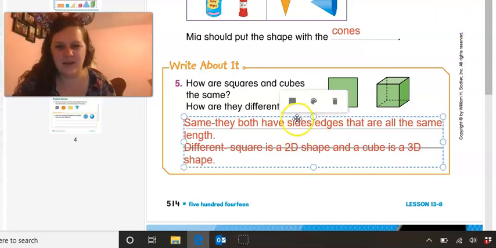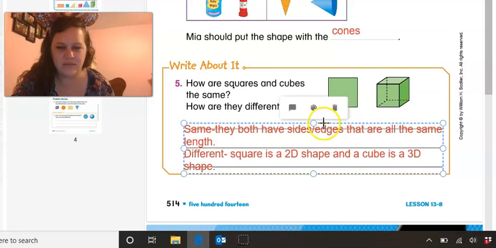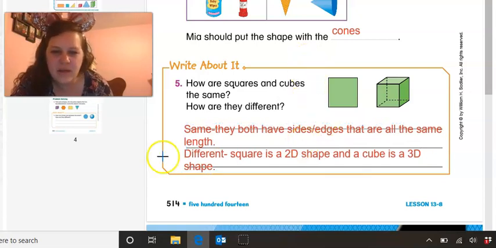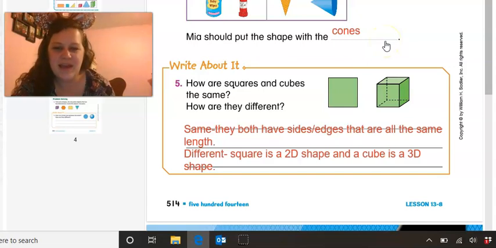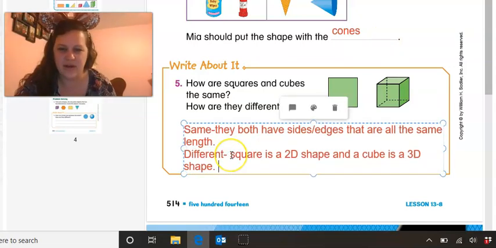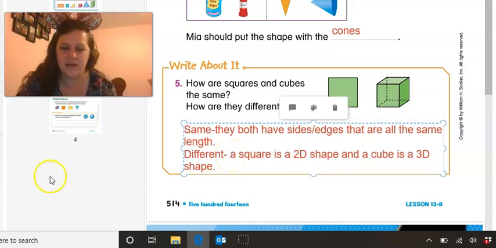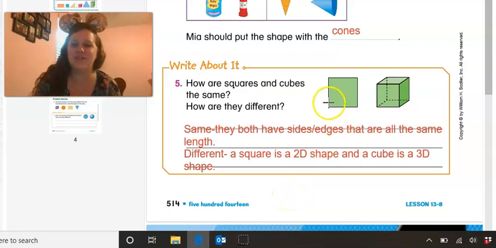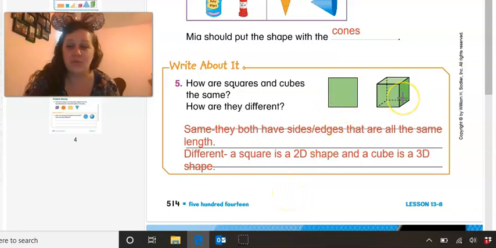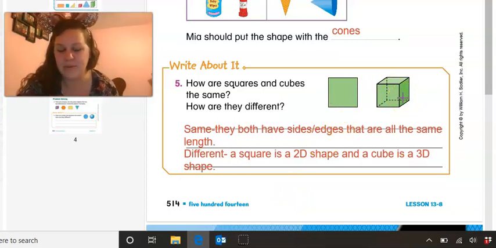That is not right on the lines, but I think you guys can still see that. So they are the same because they both have sides or edges that are all the same length. And they're different because a square is a 2D shape and a cube is a 3D shape.